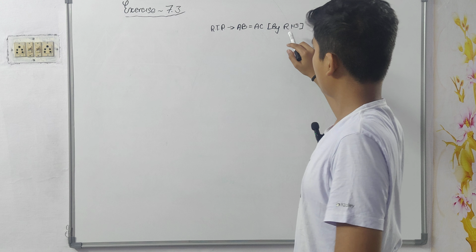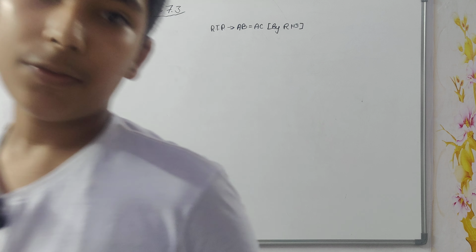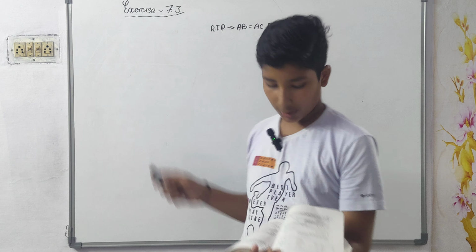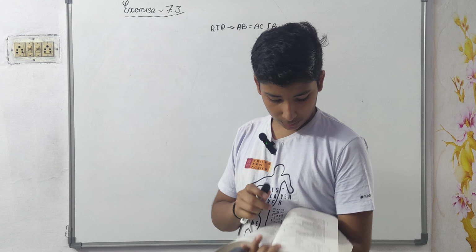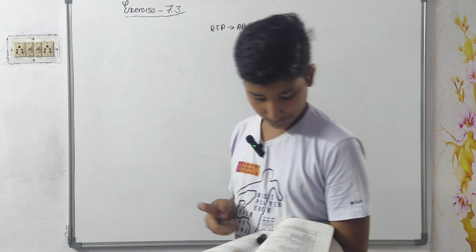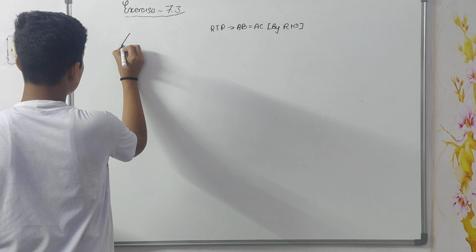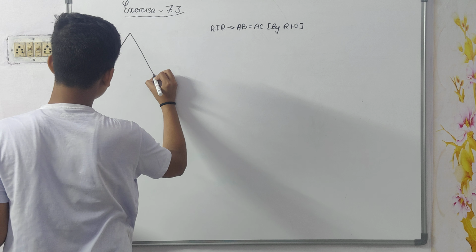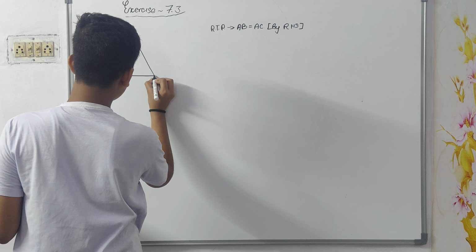AB equals AC, and this too by the RHS congruency rule. But I have not made the figure because it is not given in the question. I will make it in front of you all. So it is given that BE and CF are two altitudes of triangle ABC. So let's make a triangle. This is AB, AC and BC.